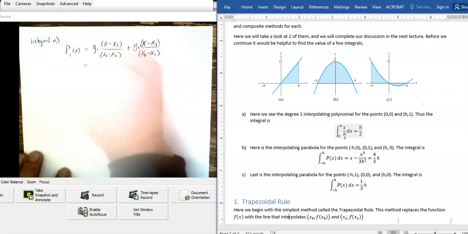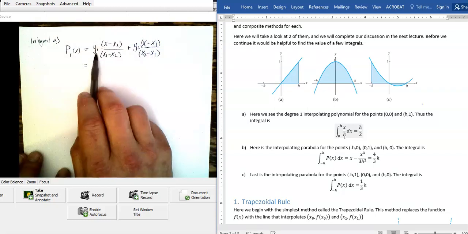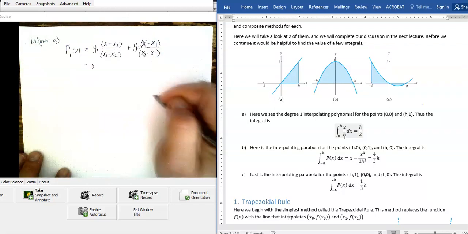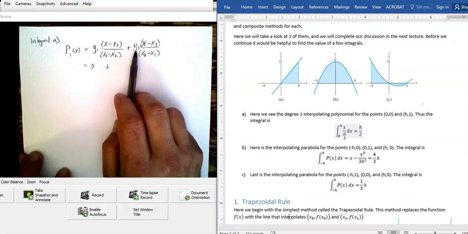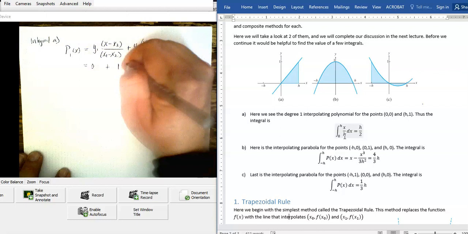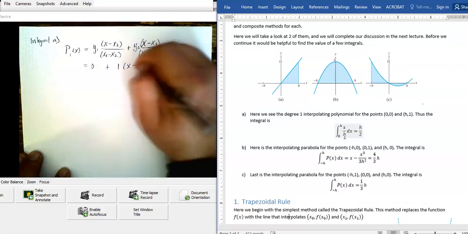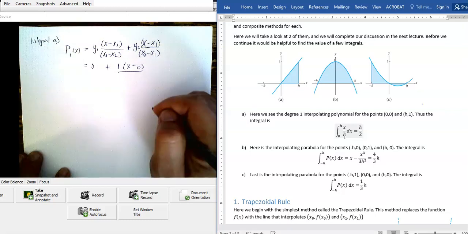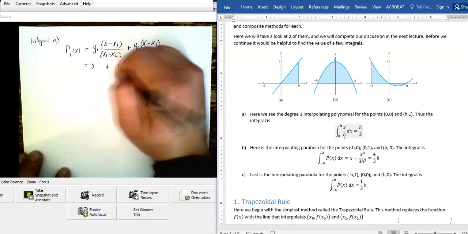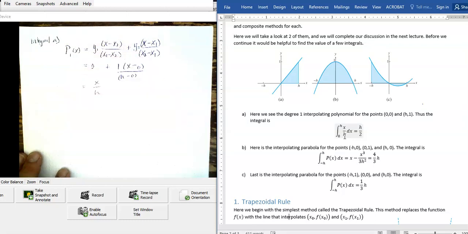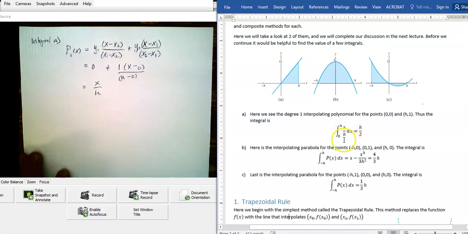If we plug in those points, we get 0 for our y1, so that's just 0, plus y2, which is 1, times (x minus x1), which is 0, over (x2 minus x1), which is h minus 0. So that's x over h, and that's what we have here.